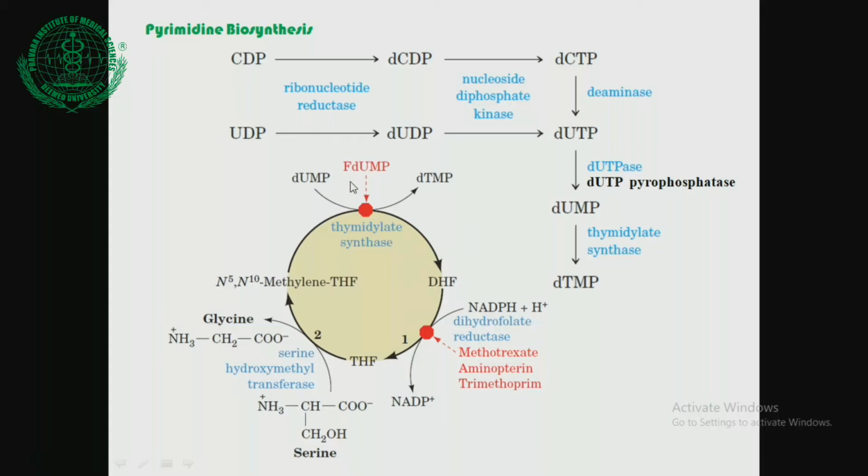Here a uracil analog called 5-fluorouracil is turned into fluorodeoxyuridine monophosphate, a nucleotide that irreversibly binds to the enzyme thymidylate synthase, and that blocks the action of thymidylate synthase in turning deoxyuridine monophosphate into thymidine monophosphate.